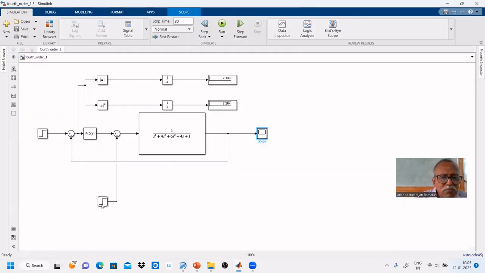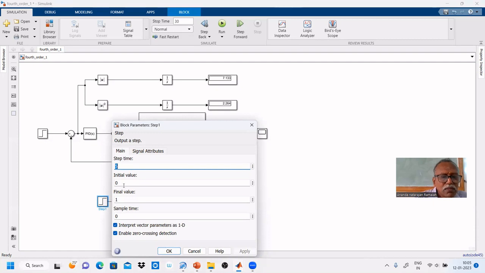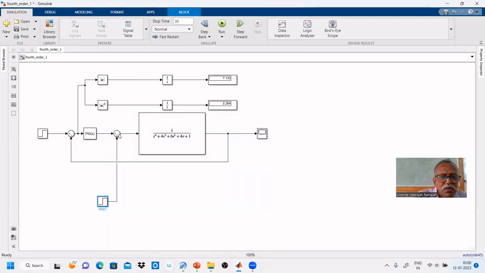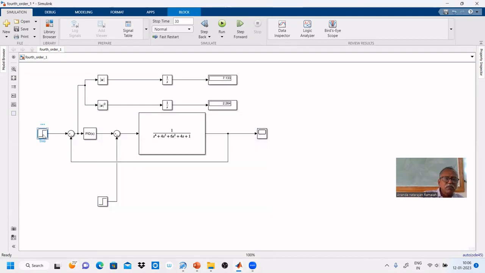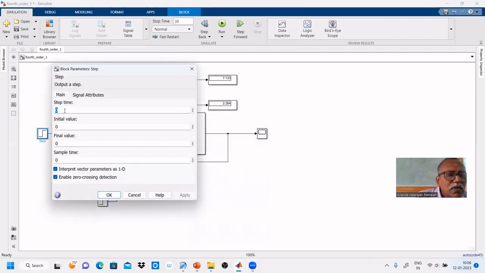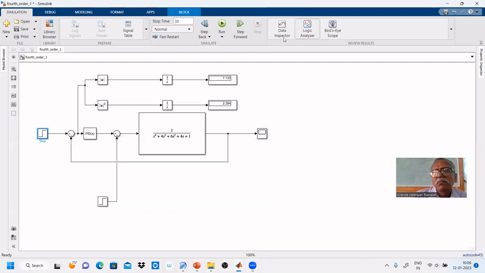For the step response, if you want to see, the final value must be 0, so I made that final value 0. Both the initial value and the final value are 0, whatever the step time. Here step time is 0, initial value is 0, final value is 2.